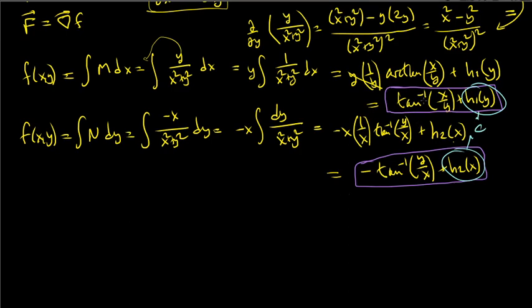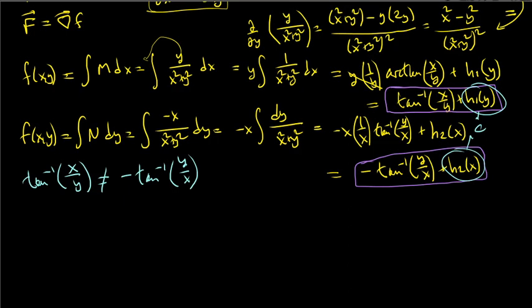But you might think these are different: the arctangent of x over y is not the same as negative arctangent of y over x. No, they are the same. They are equal.